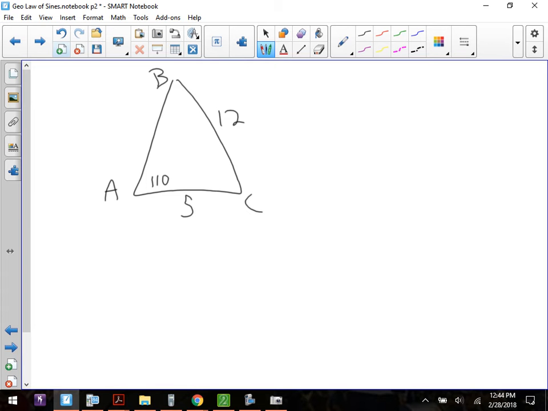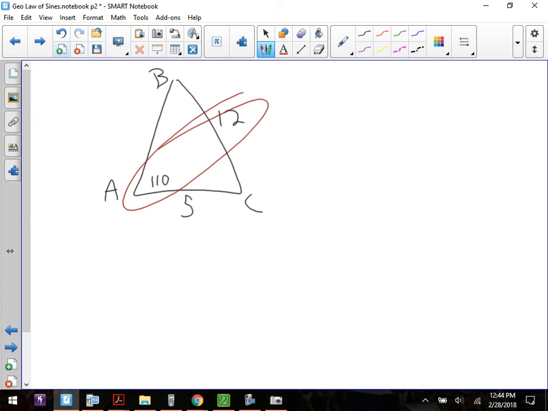Now, this problem is forcing us to figure out which angle first. B. It's forcing us to figure out what angle B is, because we are given angle A and its side opposite. We're given that information.